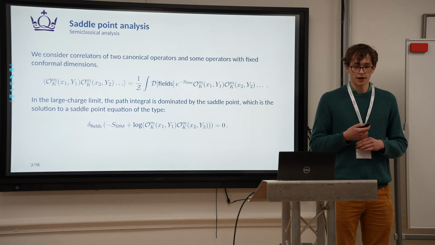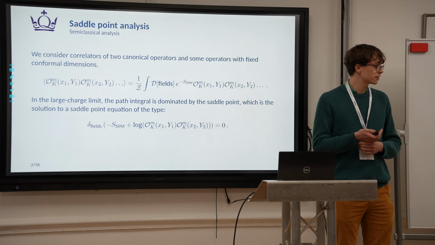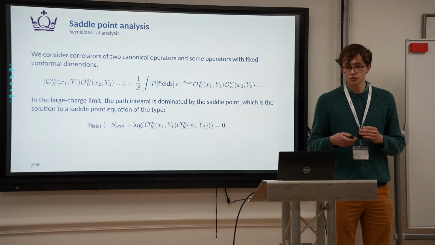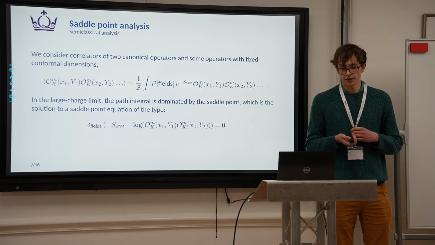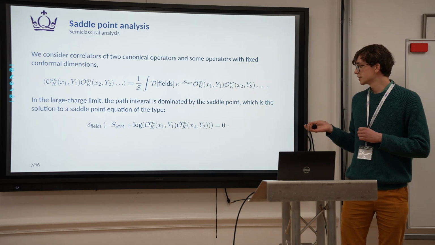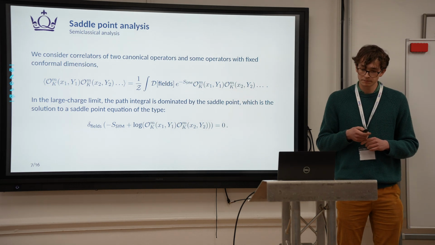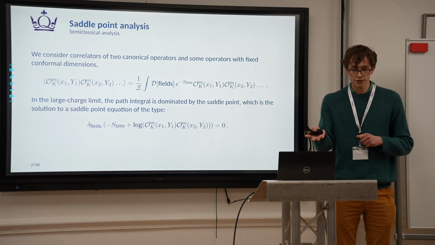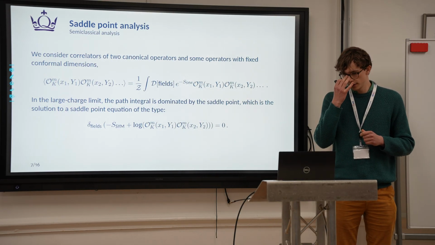And if we take this large charge limit, so if we take n to be large, then this path integral is dominated by the saddle point. And so the saddle point equation is given by this. And so we want to solve this equation in the large n limit.